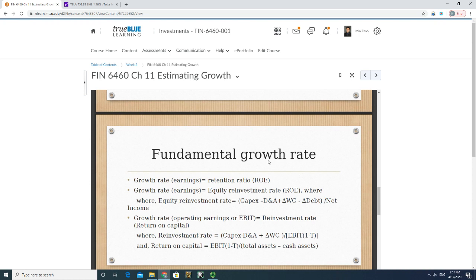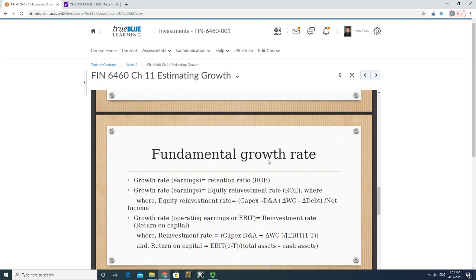Why is that? Because when you look at the retention ratio, there's a problem with it, because when a company retains earnings, you assume that the company will reinvest all of the retained earnings into future investment. But actually, company may reserve a lot of cash from those retained earnings.